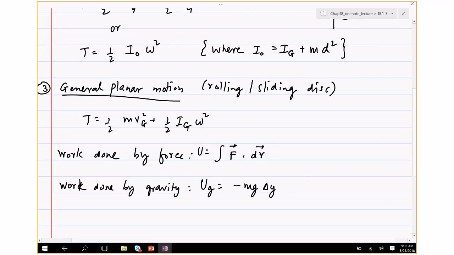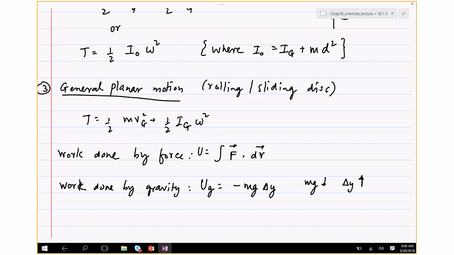Here mg is acting downwards and delta y is upwards, and that's why the product is negative, because the directions are opposite.